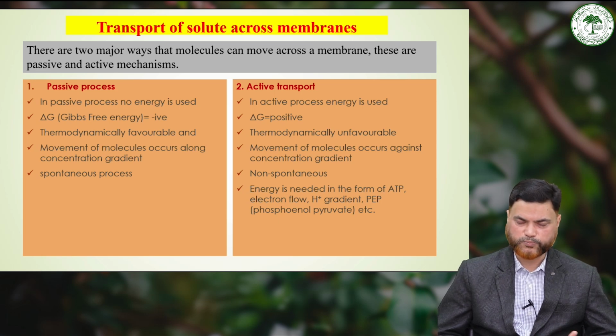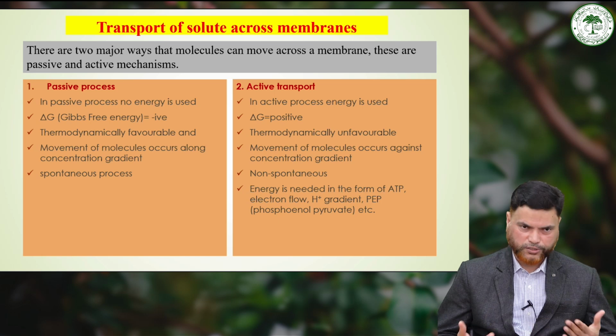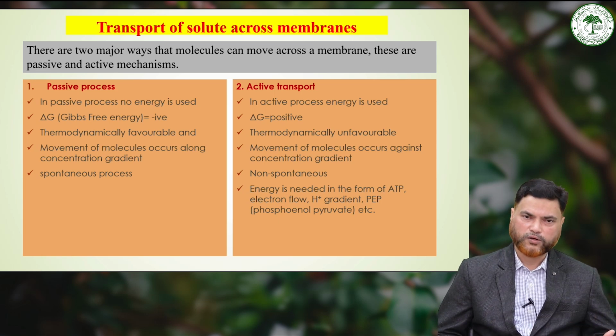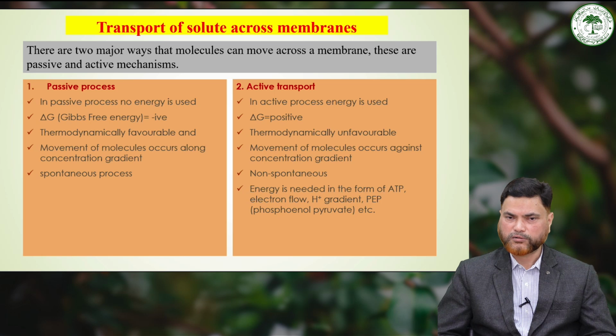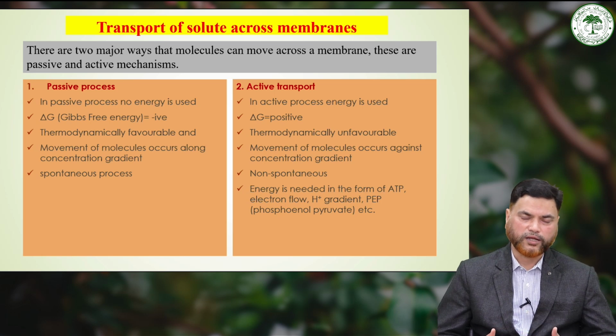Passive transport occurs along the concentration gradient, so it is a spontaneous process, whereas active transport is non-spontaneous and energy is required in different forms: ATP, electron flow, proton gradient.